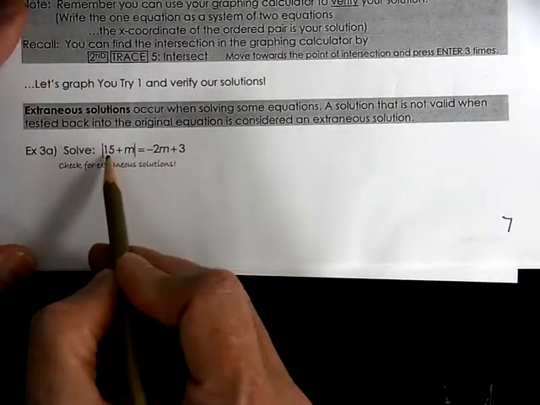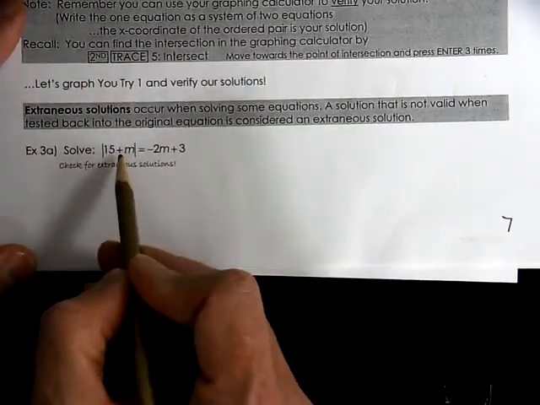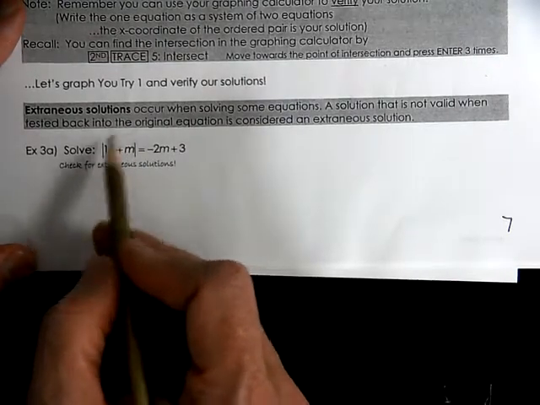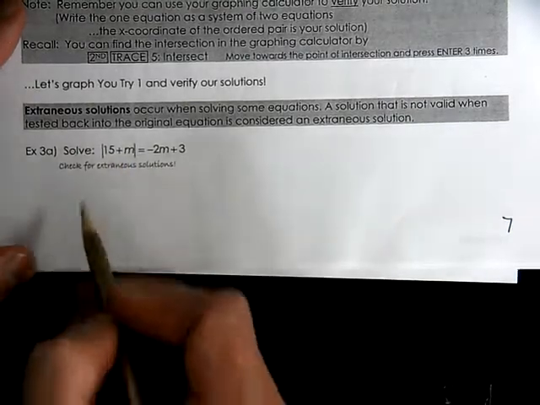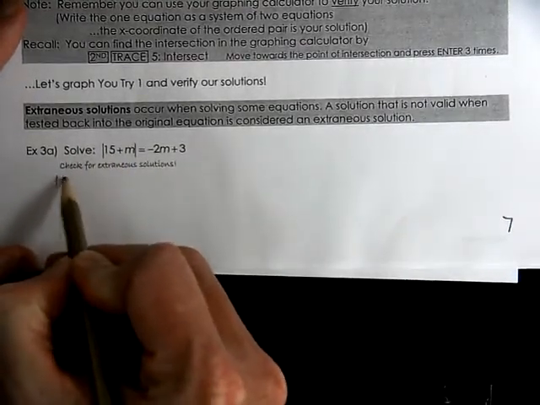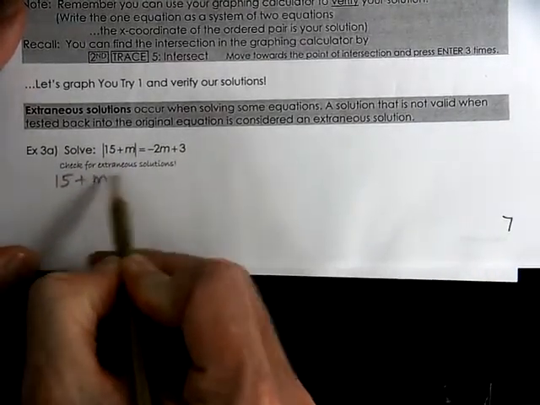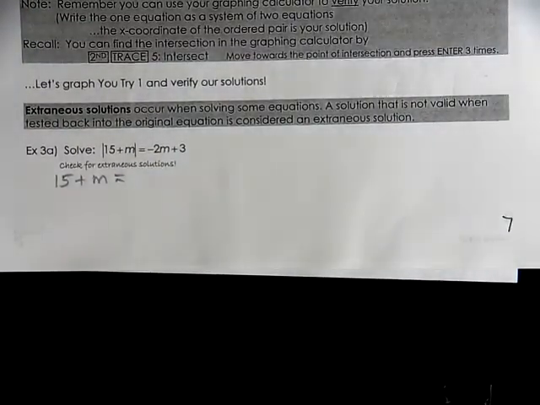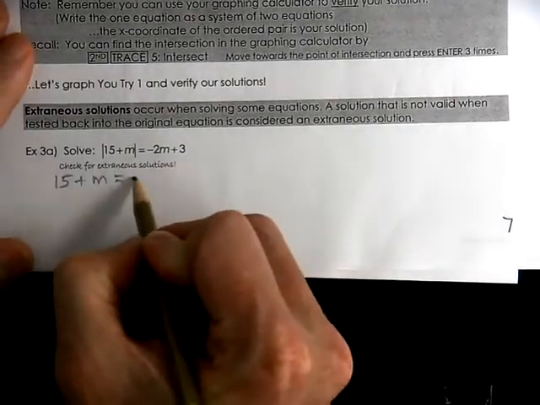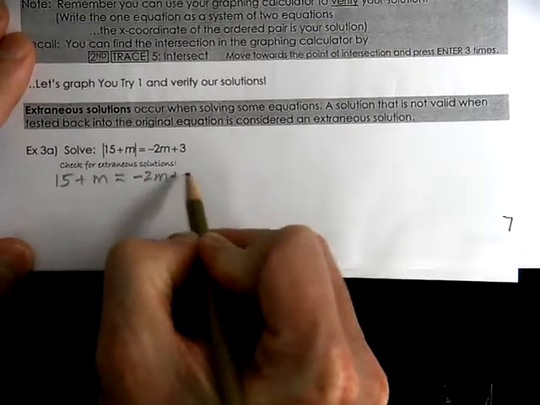So we notice here the absolute value portion is isolated. It's all by itself. There's nothing extra to add, nothing to divide. It's all set. So we're going to take our 15 plus m, and we're going to equal it to exactly what's there. That would be considered the positive version. We're not going to change it at all.